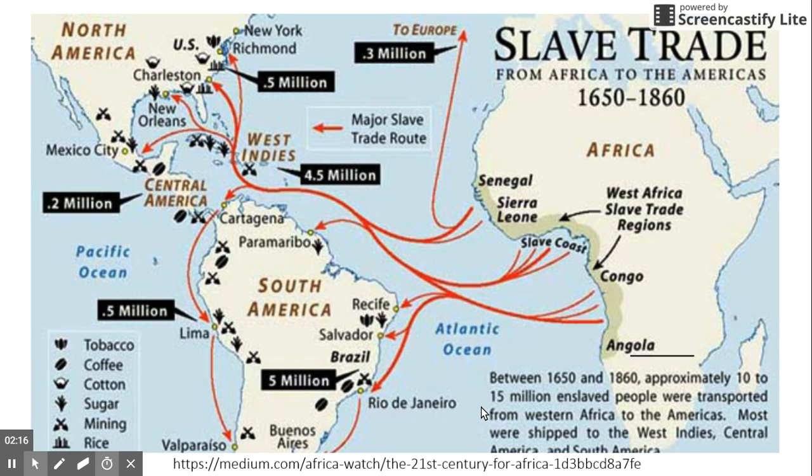And going into the commercial shift due to the slave trade, basically, Africa's main export was slaves, and then they exported them to the Americas, where in South America and Brazil, they mostly created or exported products such as sugar and metals and coffee. And then in North America, it was a lot of agricultural products such as rice and cotton.